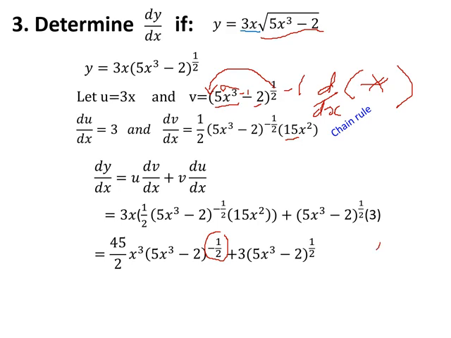So we have 45x cubed as a numerator, then this 2 here is here, then this negative exponent half will make it positive exponent half, and exponent half is square root, so that's why we have this square root here. Then this part here, again, the exponent half, we write it as a square root here, and that is the final answer.